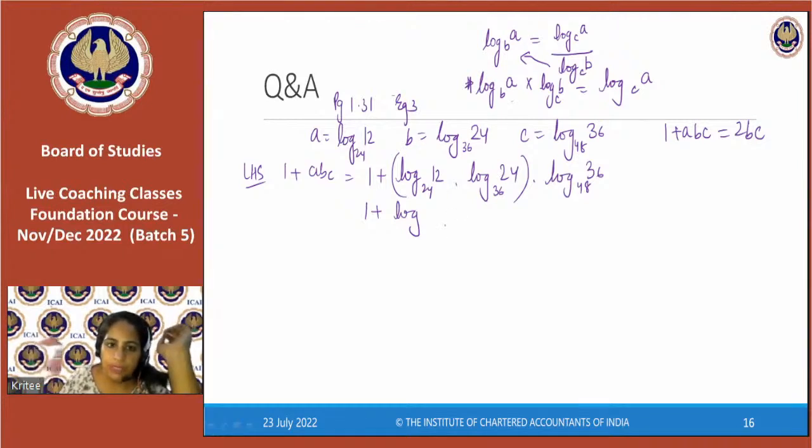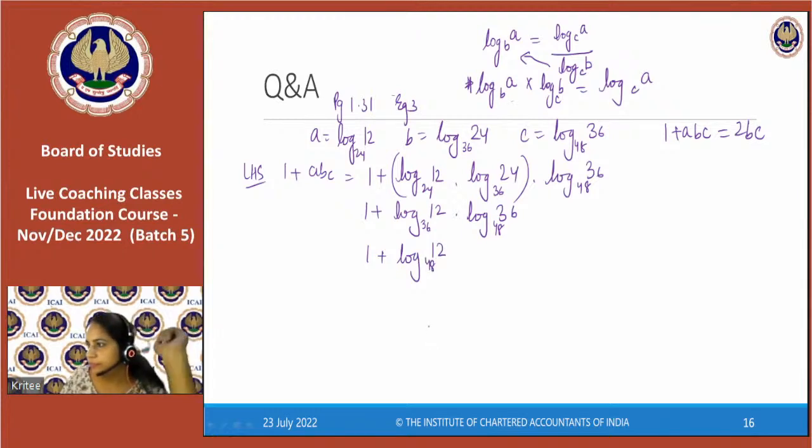So what are we left with? We are left with log 12 to the base 36 into log 36 to the base 48. Once again, a similar situation arises, and the base cancels out. So now this can be rewritten as 1 plus log 12 to the base 48.